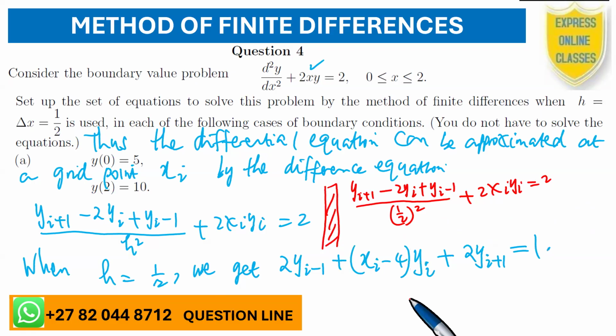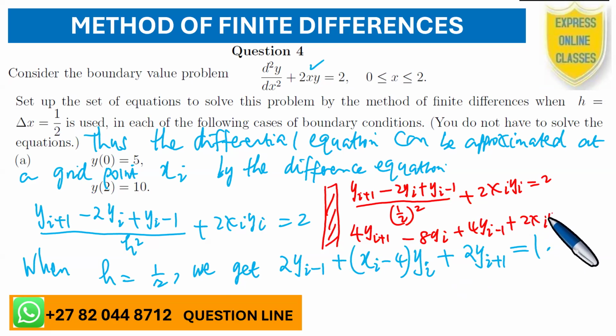Multiplied through by 4. Well, 1/2 squared is 1/4, and because it is in the denominator, it gives us 4 yi plus 1 minus 8 yi plus 4 yi minus 1, equals 2.